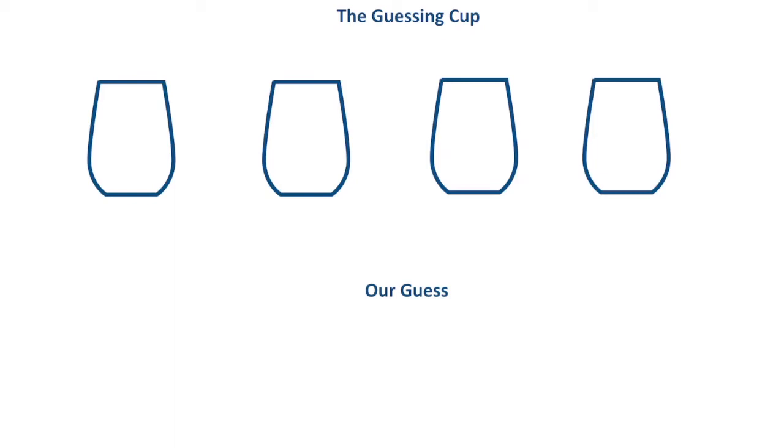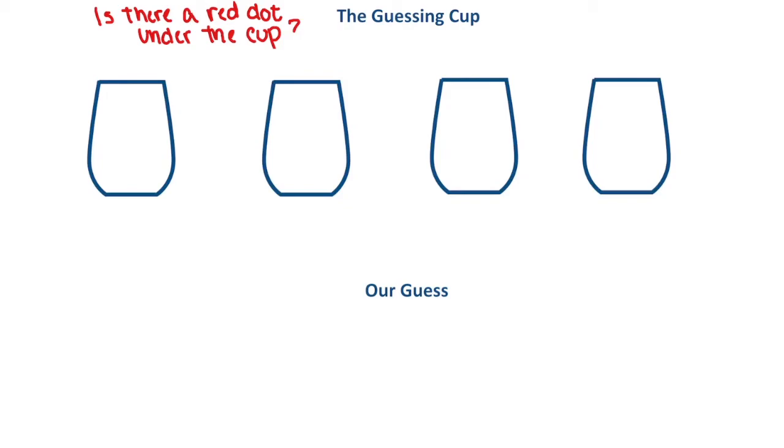The question that we're asking is, is there a red dot under the cup? So let's think about this for just a moment. Again, we're asking, is there a red dot under the cup? So again, we're playing a little bit of a guessing game here.